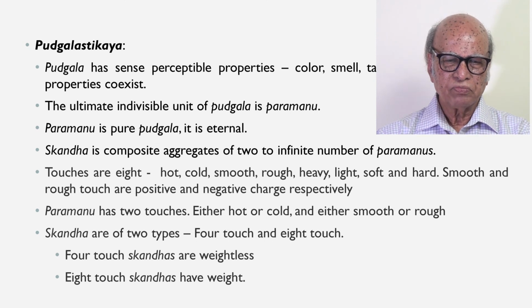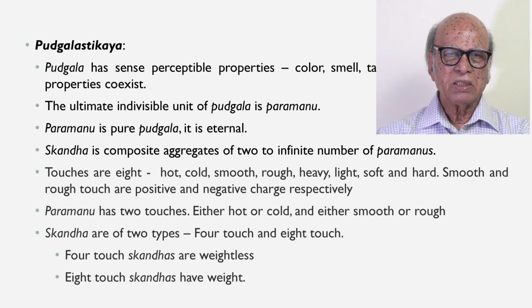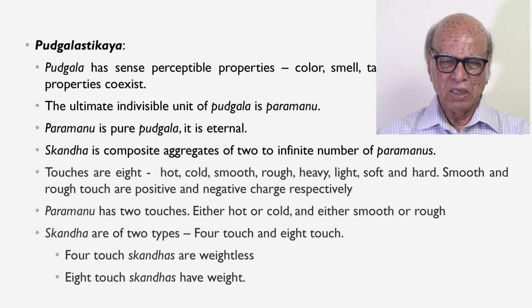So you can have a Skand of different sizes. The touch is a very interesting property, and there are 8 kinds of touch properties described: hot, cold, smooth, rough, heavy, light, soft, hard. These are all touch properties.